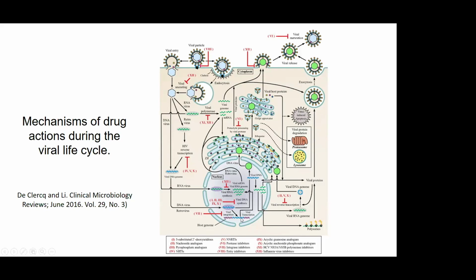Then it becomes integrated in the host genome, and from there it gets transcribed like any other DNA gene, to form new mRNA that can be translated into new bits and pieces, and also genomic RNA that is going to make new variants.